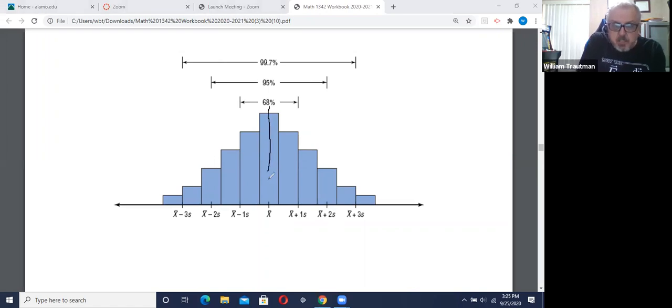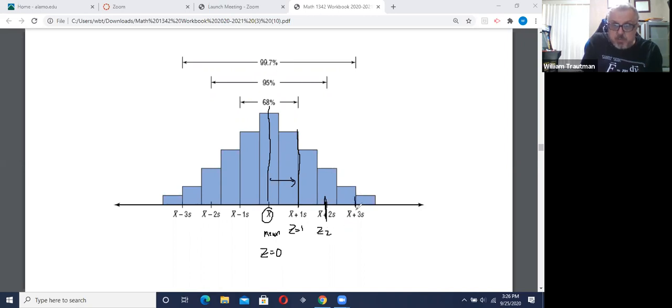The center, if you look right here, this symbol is the mean. And the z value at the mean is 0. And then this is one standard deviation away from the mean. We call that a z value of 1. Right here is 2 standard deviations away from the mean.